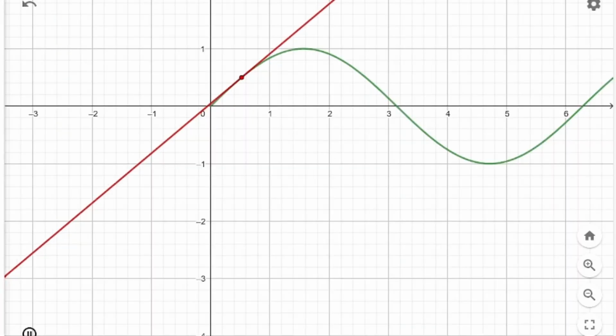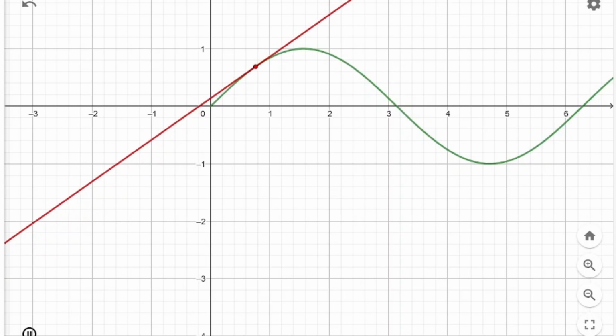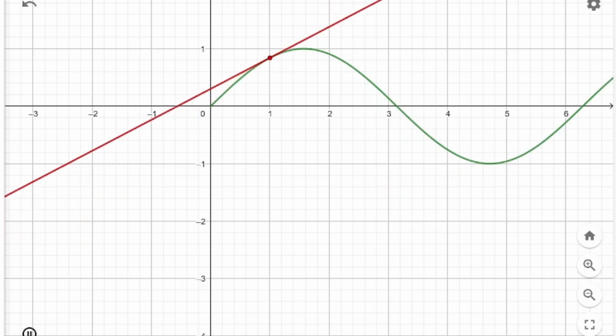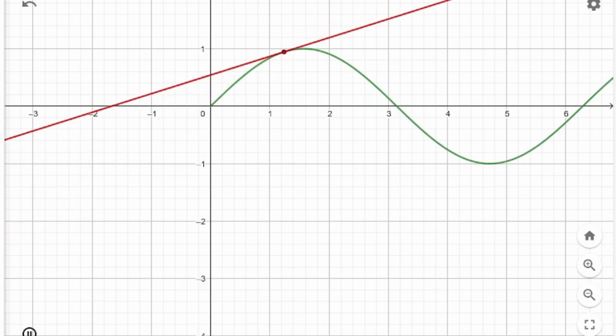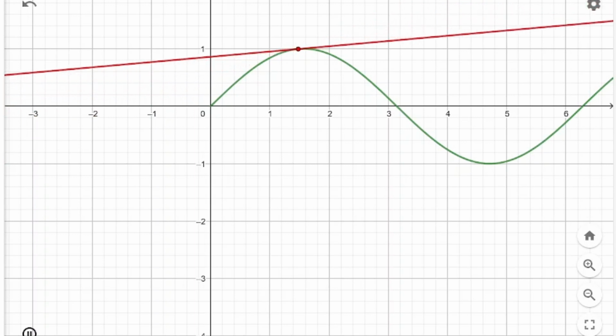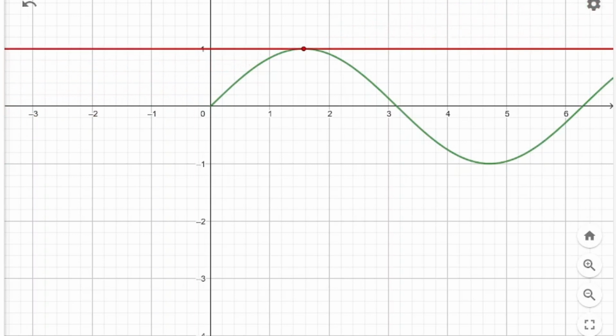But now what happens to our derivative when we are at a maximum or minimum, right? That's what we care about. So I want you to see how our derivative is going to get closer and closer to 0 as we get closer to the maximum. And in fact, when we are at our maximum exactly, the curve flattens out, right?